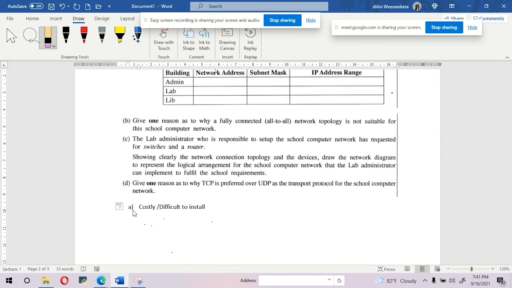So it's impractical, it's not used at all. So we can say impractical due to buildings being geographically separated.